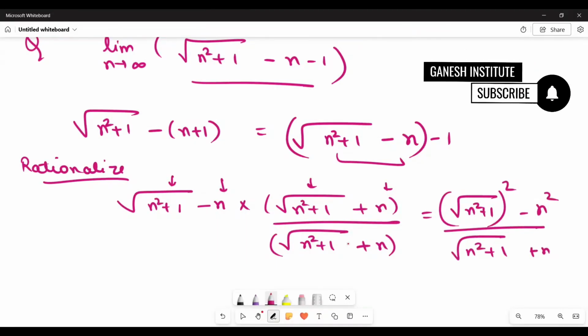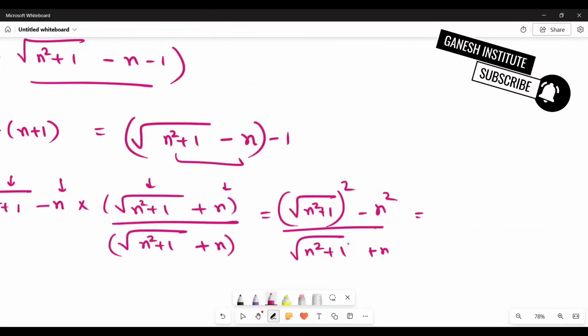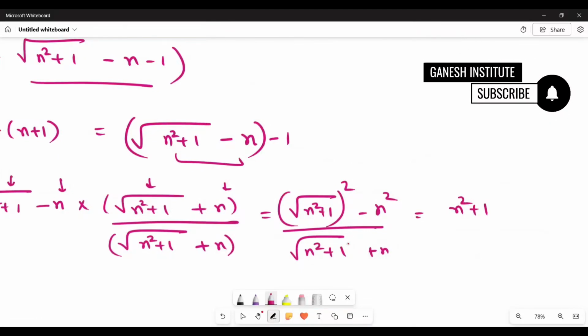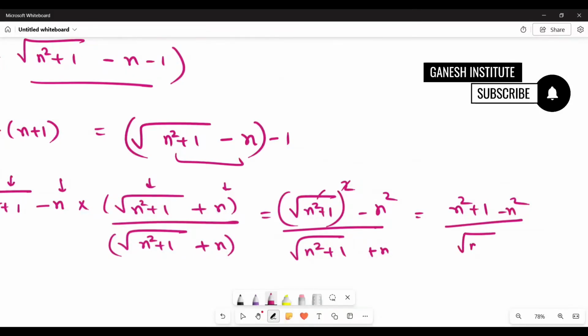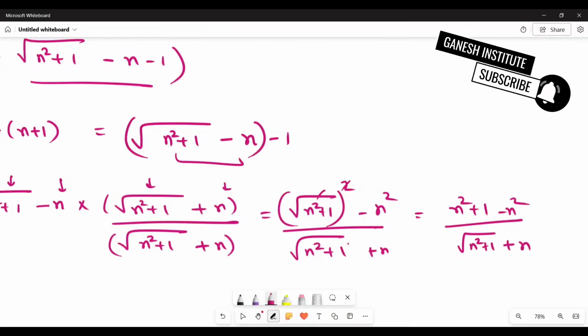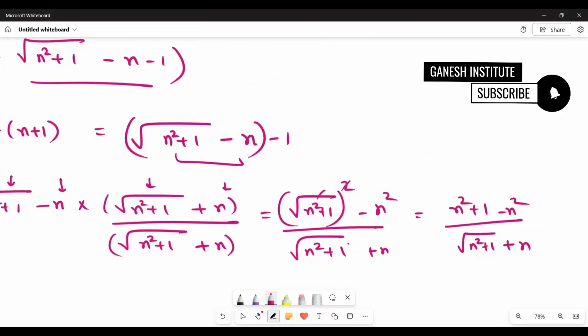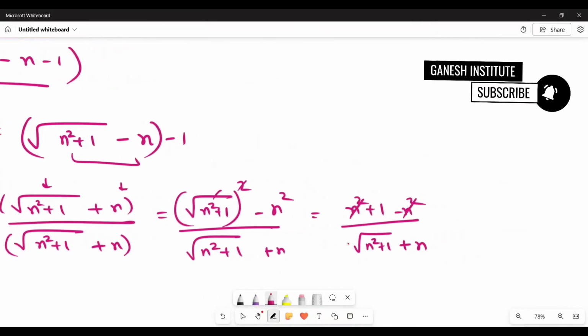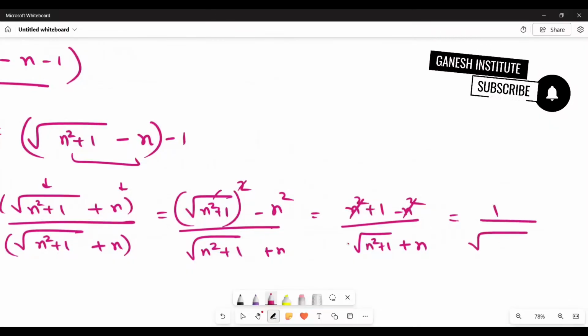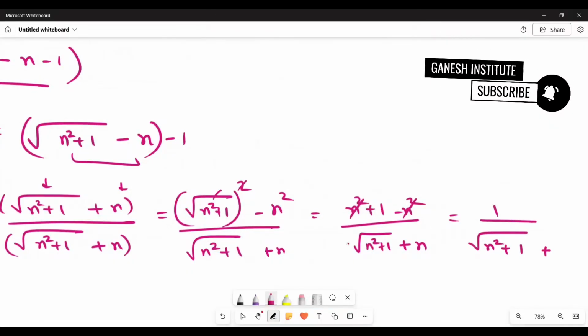And it will remove the square root. So n square is gone. So I've got this here.